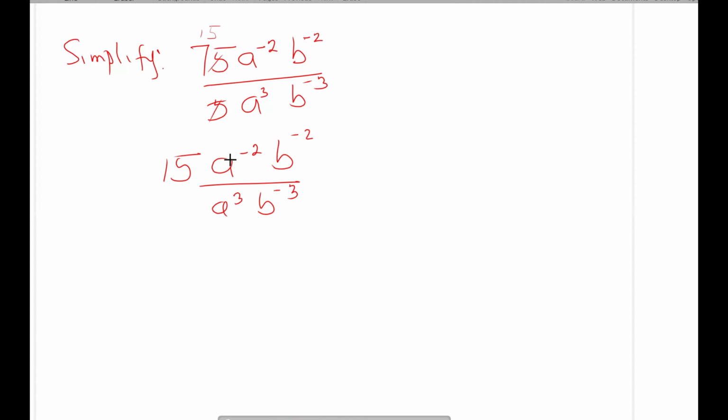Now, individually, you can begin to apply our division law to a and also to b. And don't forget our division law: once the base is the same, subtract the power. But don't forget there are some powers here in the denominator that are negative, so you need to be very careful. 15a, we subtract the power because it's division. I'm dealing with a first.